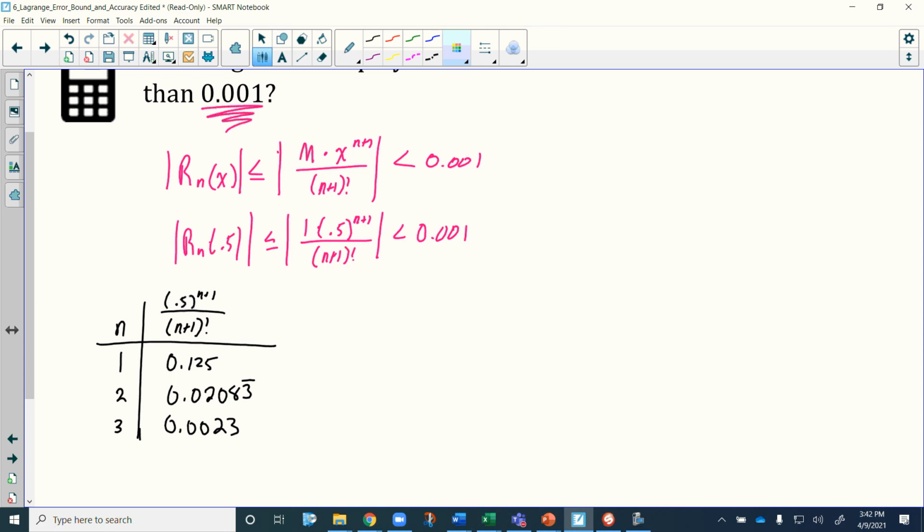So let's see, 4 in this case gives me 0.00026. So at that point, when I have a fourth degree polynomial, I will be less than 0.001. So the remainder, the error, is going to be accurate to 3 decimal places.